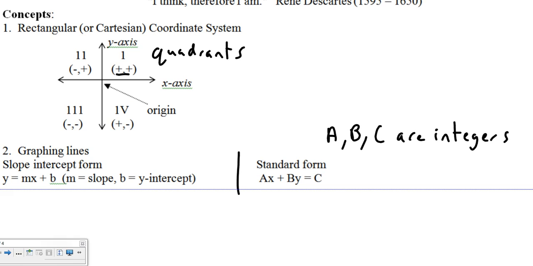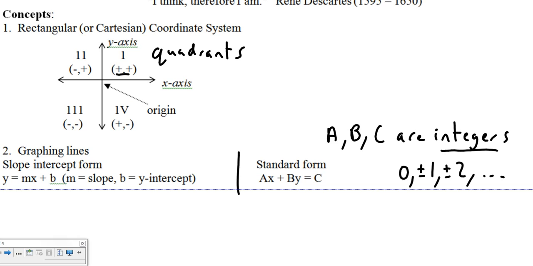And integers mean that it's 0, plus or minus 1, plus or minus 2. It's whole numbers, including the negative whole numbers. You really don't see fractions on A, B, and C. The way you would clear the fractions is to multiply by a denominator, and then it would be in this form.